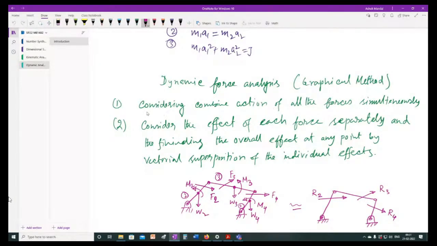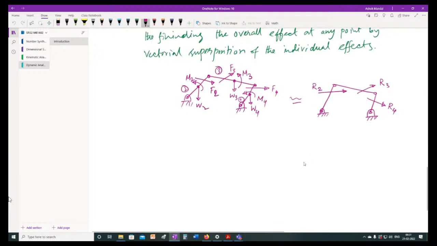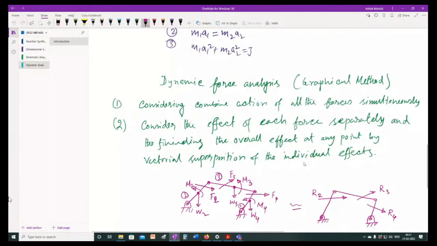There are two ways: considering the combined action of all the forces simultaneously, and considering the effect of each force separately, then combining their effects. That is called the superposition method. So today we will discuss these two methods.